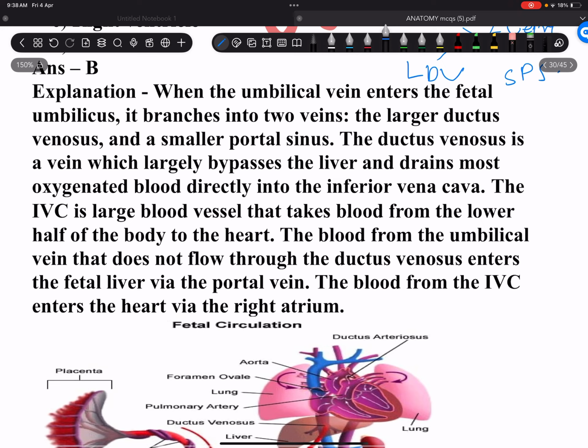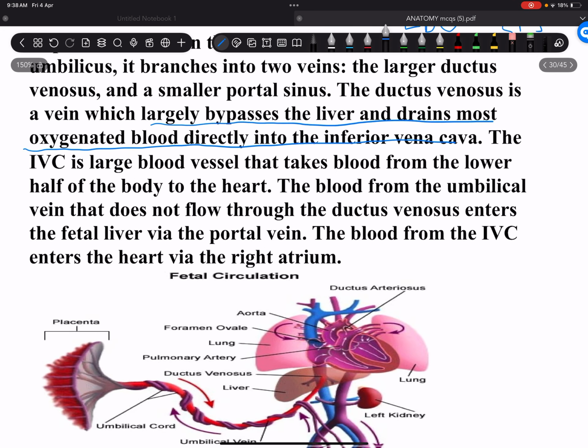The ductus venosus is a vein which largely bypasses the liver and drains most oxygenated blood directly into the inferior vena cava. The IVC is a large blood vessel that takes blood from the lower half of the body to the heart.